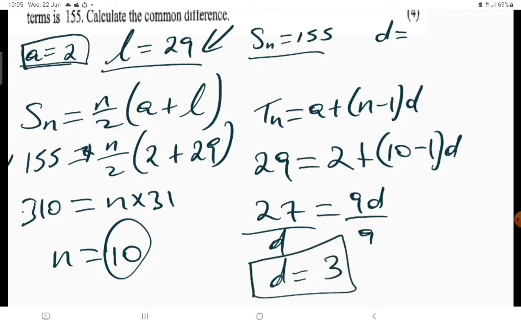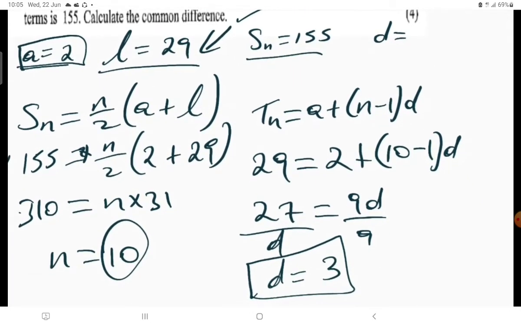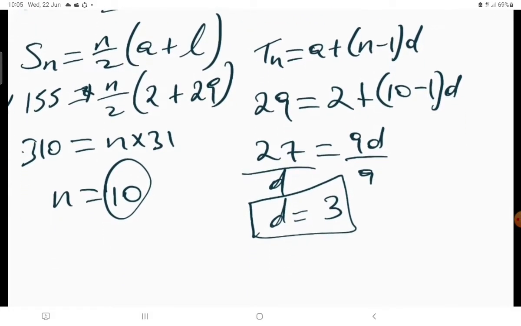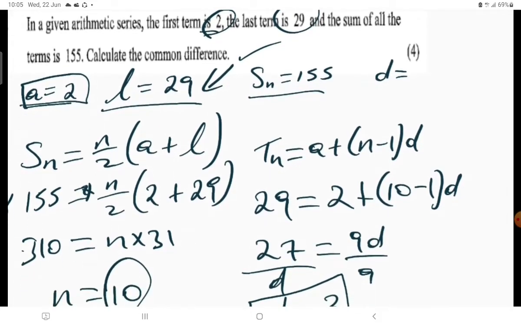So on that note, we managed to find the common difference for 4 marks. I believe probably there is another way of doing it, but nonetheless, enjoy the rest of the video, and see you in the next question.